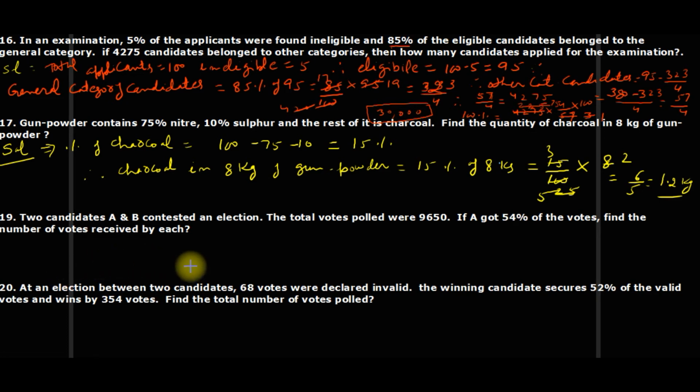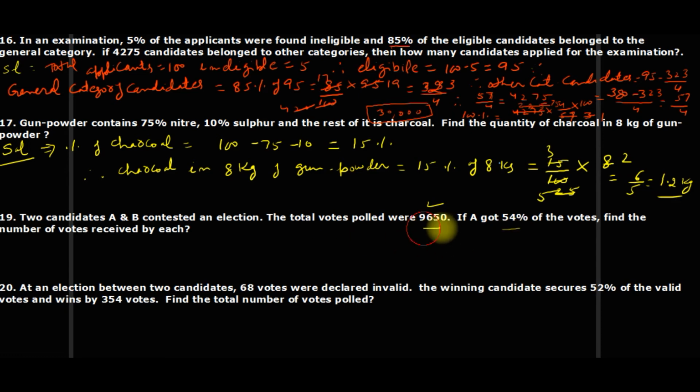Now two candidates A and B contested in election. The total votes polled were 9650. A got 54% of the votes. Find the number of votes received by each.